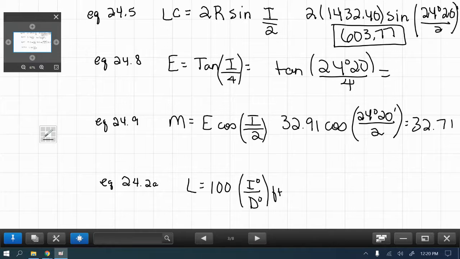I got it written right. Oh, I forgot the T. T times tangent. Missed one thing. Okay, I forgot to put my T in there.